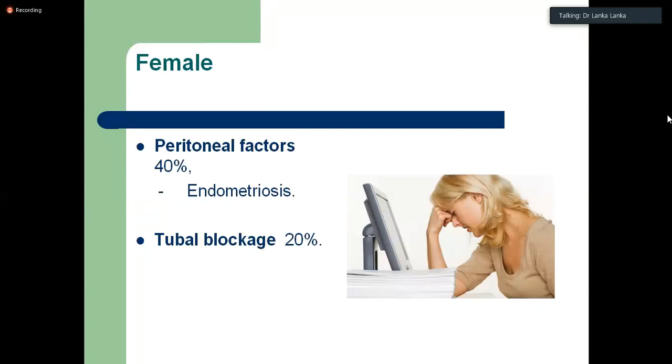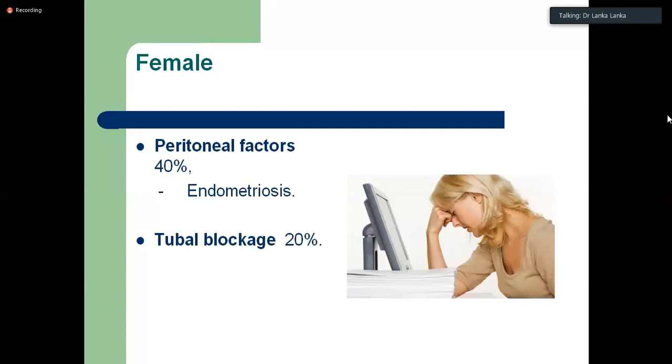Then tubal blockage. 20% of the females can have tubal problems. It may be functional or it may be anatomical. You know that for the tube to function properly for gamete transfer, you need proper function, that is ciliary-mediated unidirectional function. So if the ciliary surface is damaged, then this transport mechanism has problems.